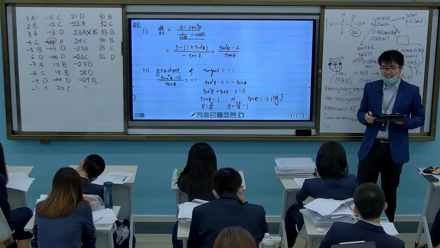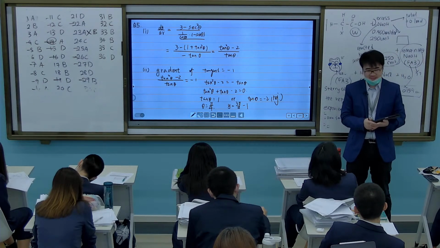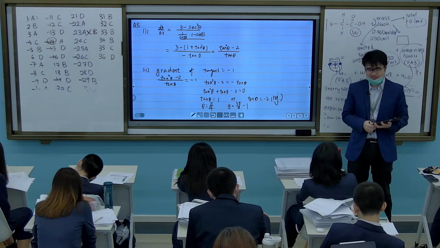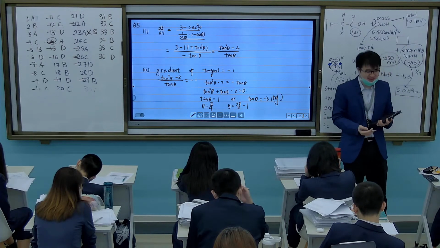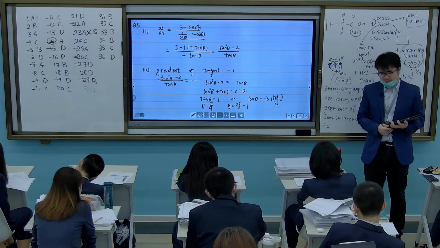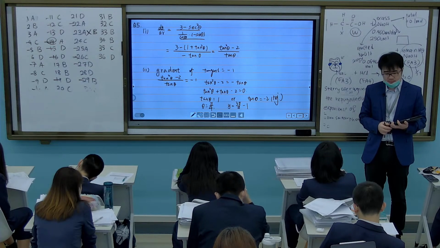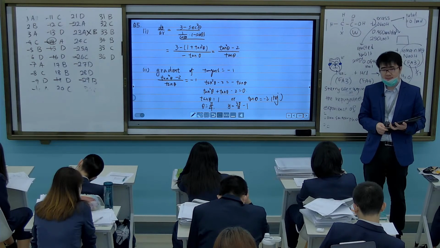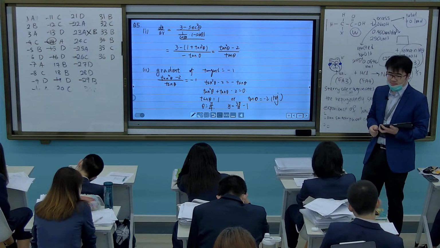Plus pi, is it in the range from 0 to half pi? Of course not. Pi is even larger than pi over 2, so cannot. Is it clear?